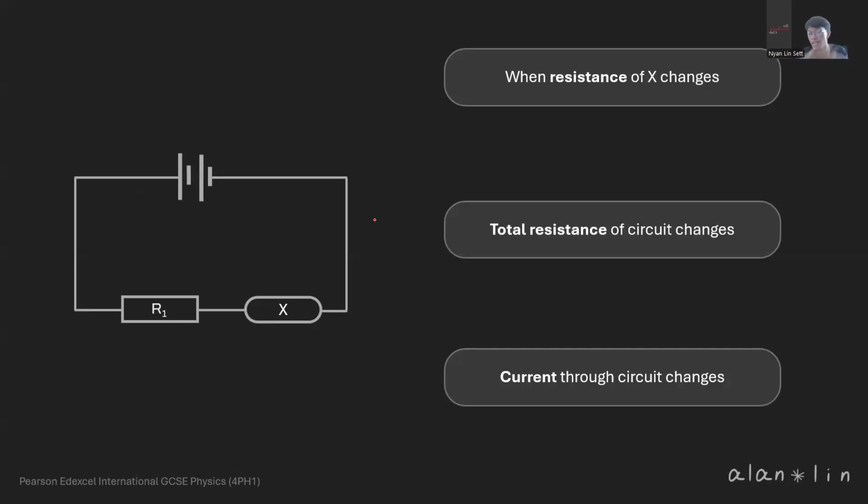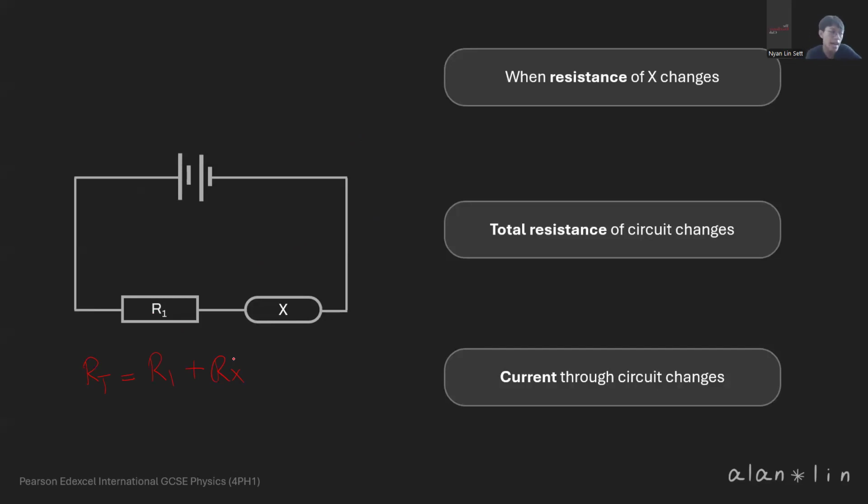Secondly, how is that going to have an impact on the total resistance of the circuit? Now, in a series circuit, we've said that before, the total resistance of the circuit is going to be the sum of the resistances of each individual component. So in this particular example, we have R1 and X. So if we want the total resistance, it is simply going to be R1 plus R of X. Now, when the resistance of X changes, it is going to have a direct impact on the total resistance.